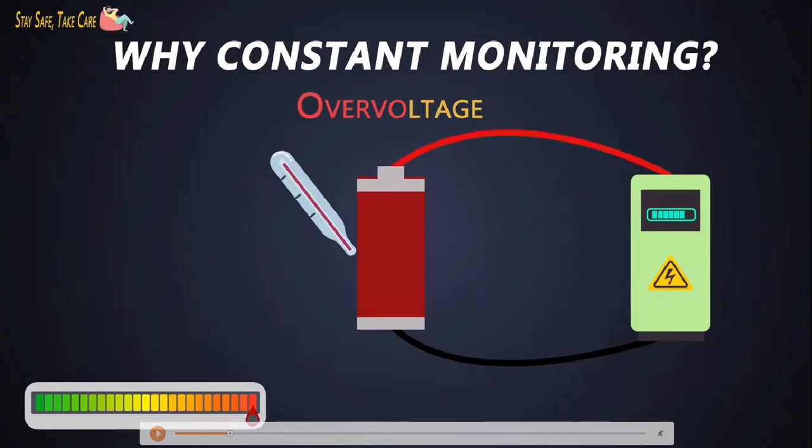If this voltage is more than the specified limit mentioned in the data sheet, then the battery is charging with over voltage, which will eventually increase the temperature of the battery.